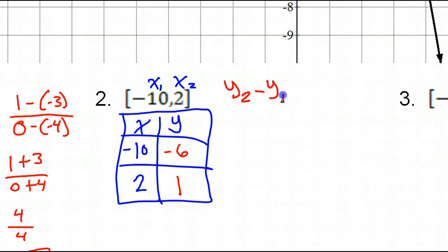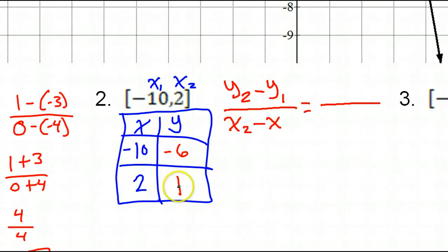Make sure you put your y's on top. y2 minus y1 over x2 minus x1. So let's see. I'm going to call this y2 and this y1. So remember, don't just put y minus 6. This is y1 minus negative 6. When the second number is negative, put it in parentheses. And same thing here.